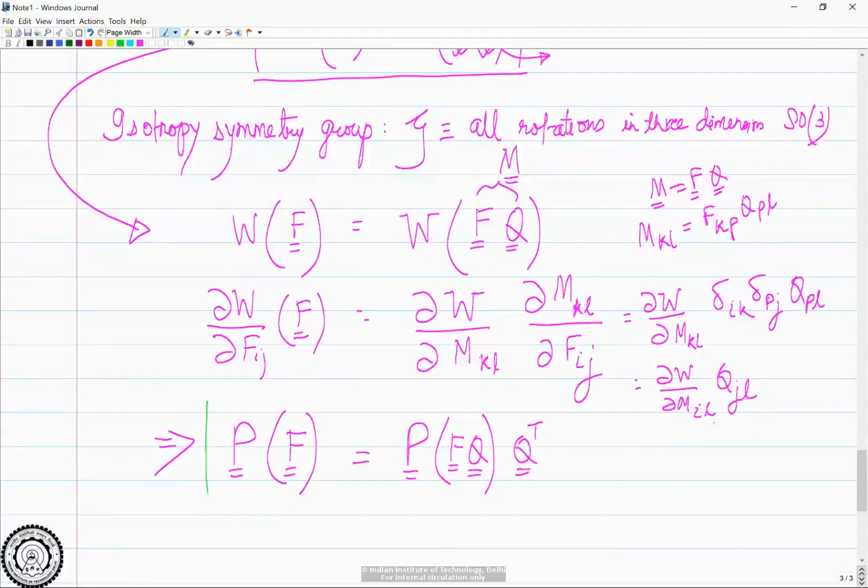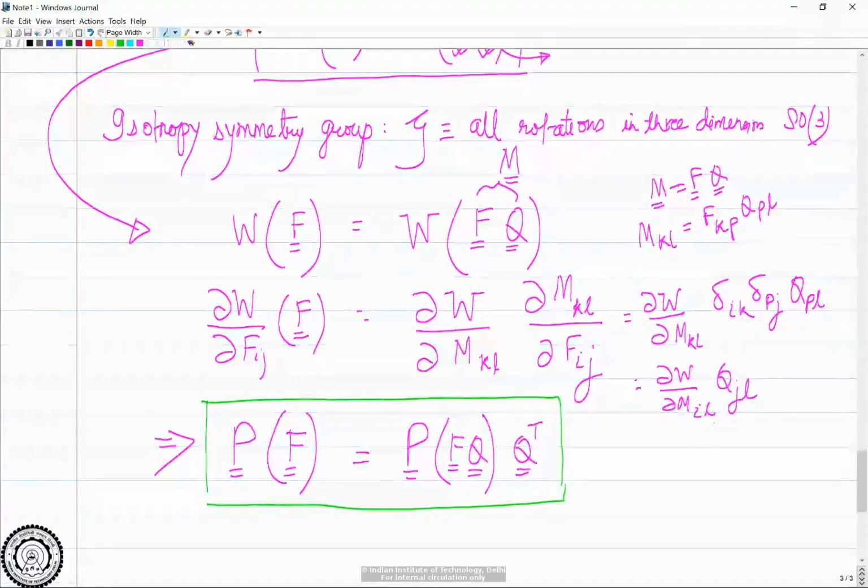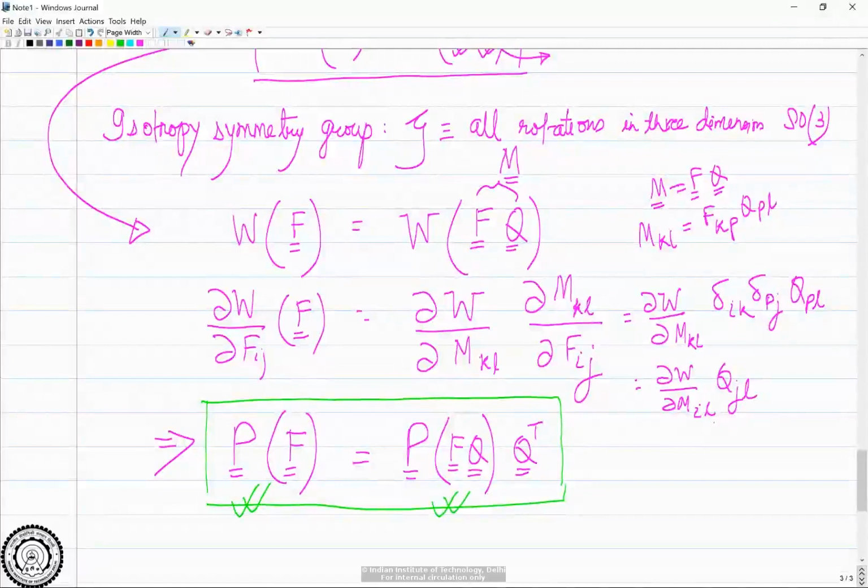So this is the statement of symmetry in terms of first Piola-Kirchhoff stress tensor. If you can measure the Piola-Kirchhoff stress, then the symmetry group would just say that P of F is equal to P of FQ into Q transpose, or just that the Piola-Kirchhoff in the first process will be equal to Piola-Kirchhoff in the second process multiplied by Q transpose. So that's the statement of symmetry group.